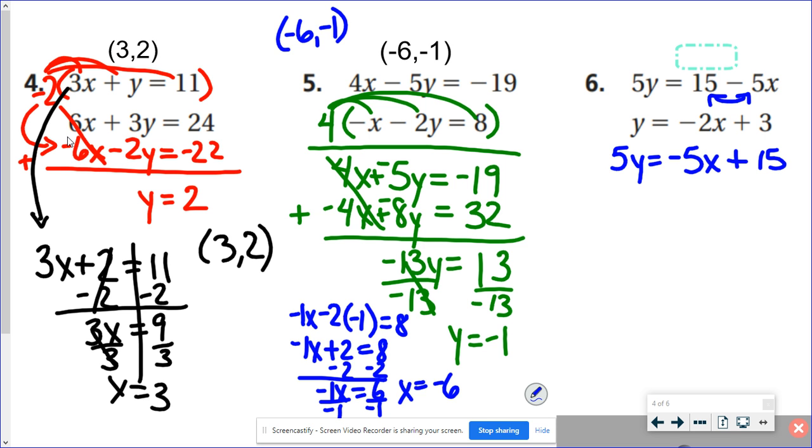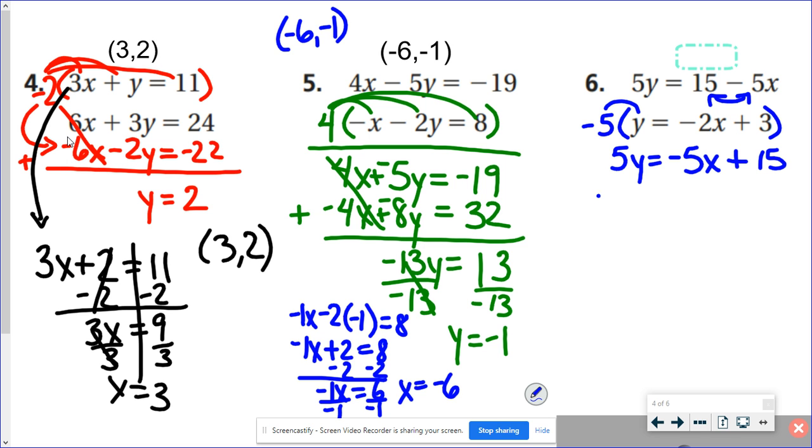Now look at my y's. That new equation I just wrote had a positive 5y. If I could make this one into a negative 5y, I would have my opposites. That's what I need. So I'm going to multiply this equation by negative 5.